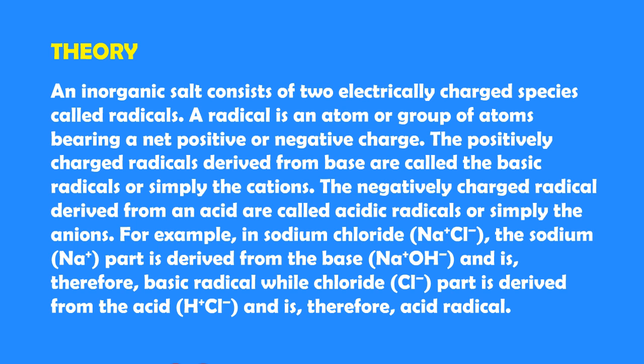For example, in sodium chloride, Na+ Cl-, the sodium Na+ part is derived from the base Na+ OH- and is therefore a basic radical, while the chloride Cl- part is derived from the acid H+ Cl- and is therefore an acid radical.